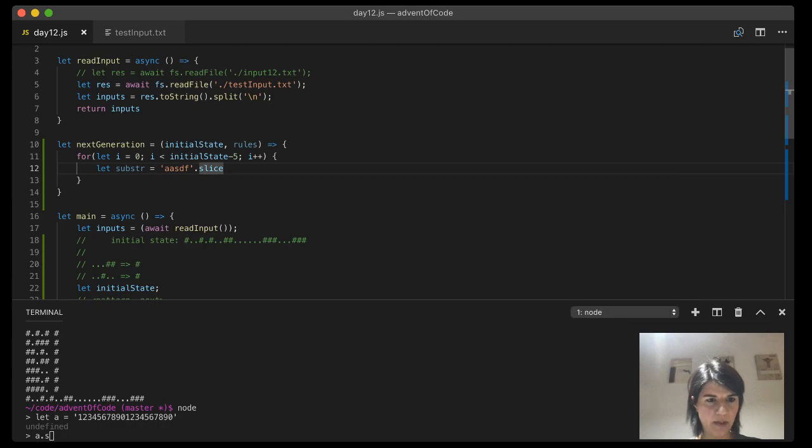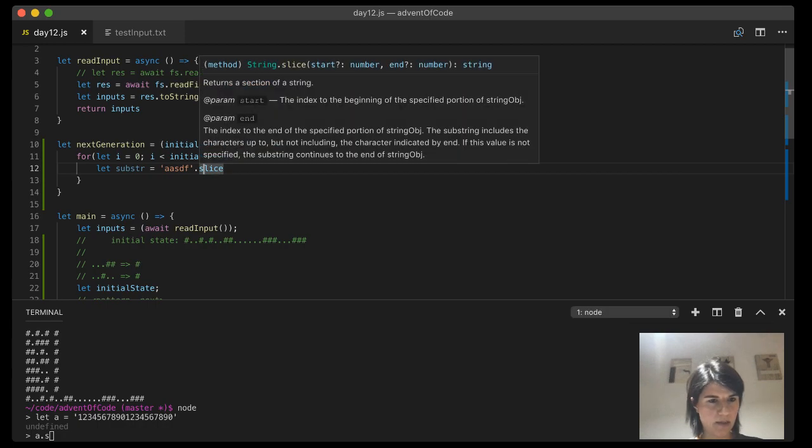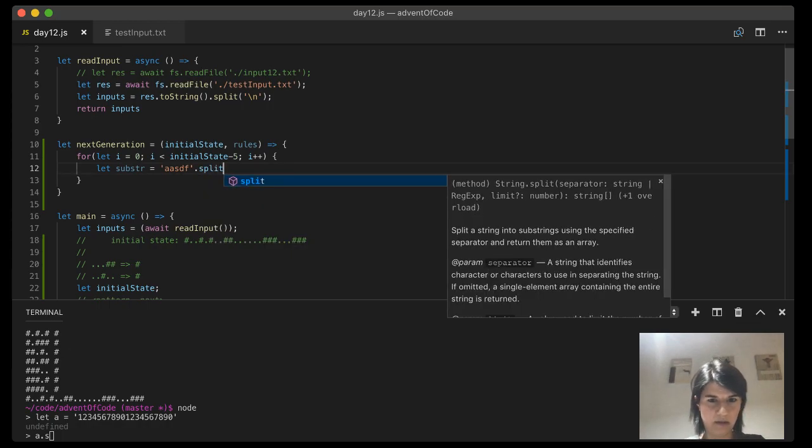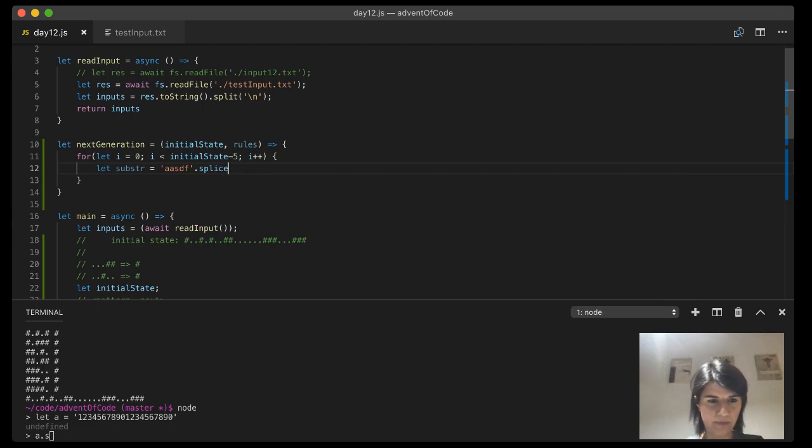And then the other one is splice, split into substrings, no, split is just splitting. Slice, splice, somebody help me out. What's the other one called? Oh, splice mutates. So slice might be the one to use.